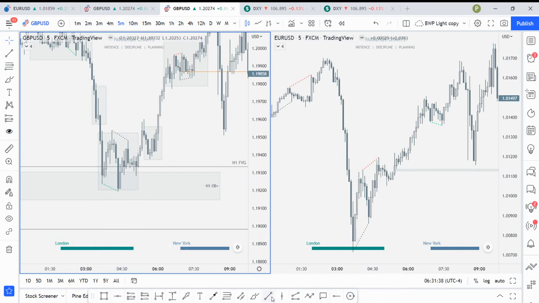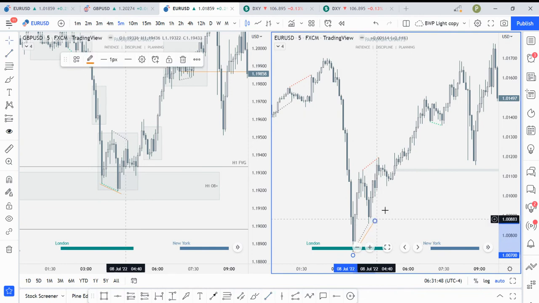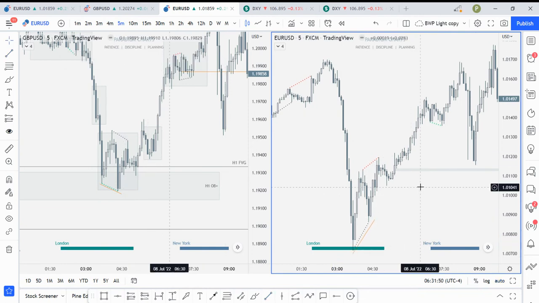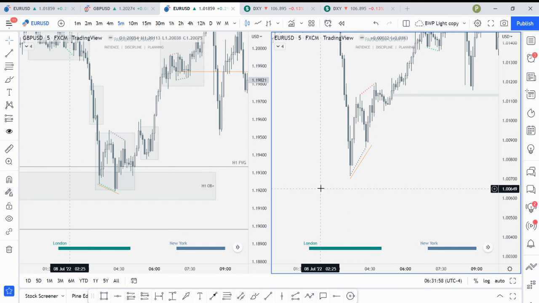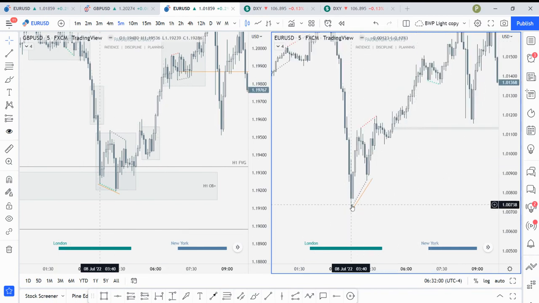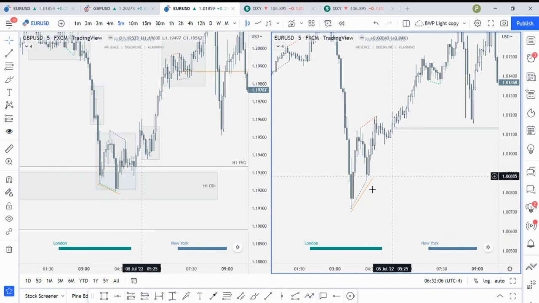So here we have a lower low, here we have a lower low, while Euro USD is making a higher high. So that right there is what you call an SMT divergence. This is a bullish SMT divergence. What it simply means is that Euro USD is being accumulated.